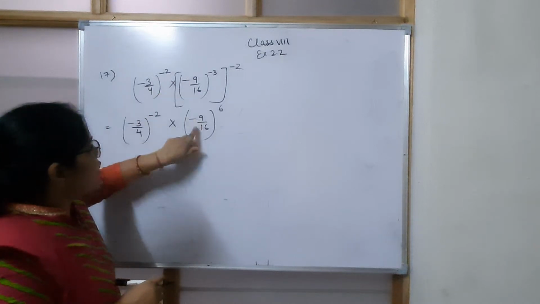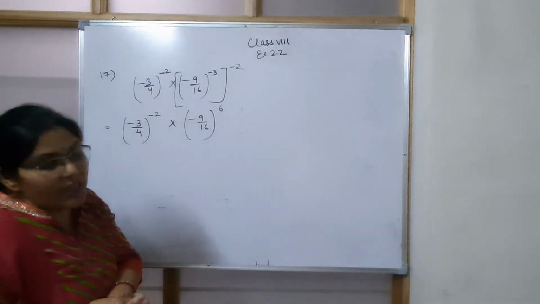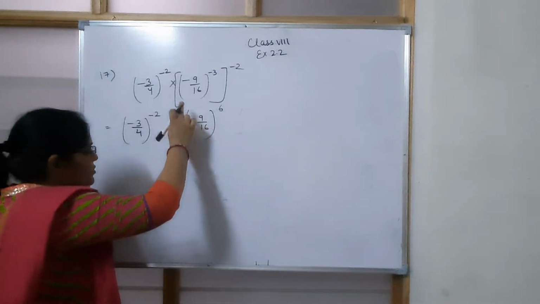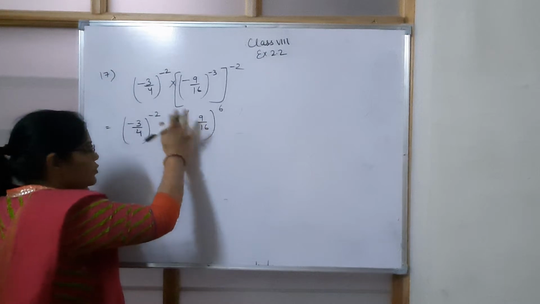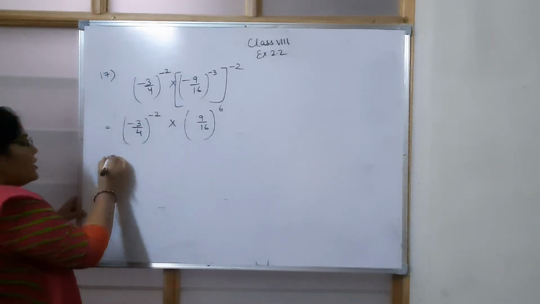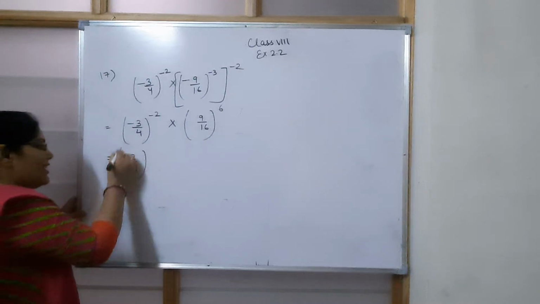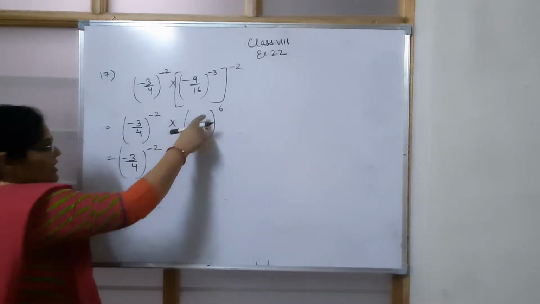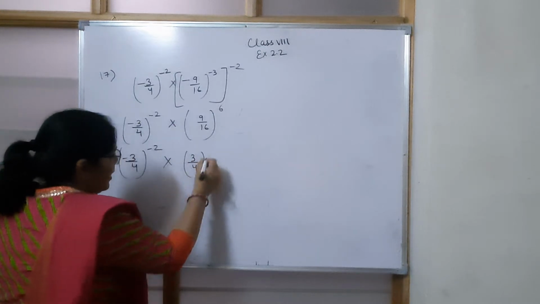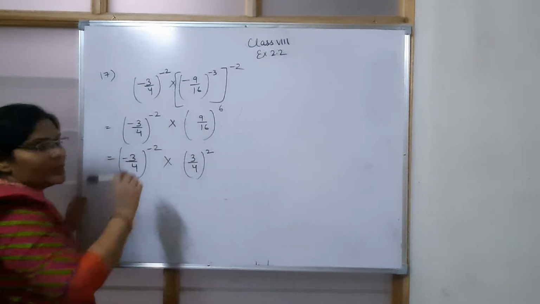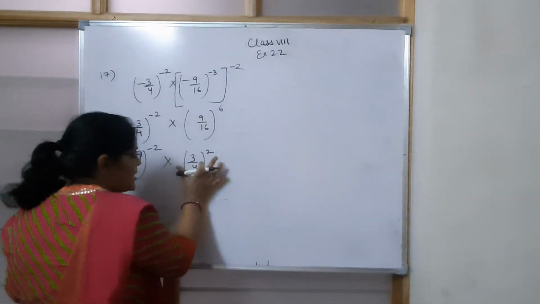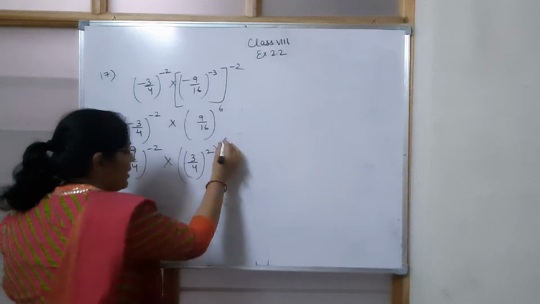Alright, minus 9 upon 16, minus 3 into minus 2 will become positive. This is an even power, so it means we will always get a positive number. Okay, we'll remove this later on. Fine. Alright, so 9 upon 16 can be written as 3 upon 4 raised to the power 2. 9 upon 16 is what? 3 upon 4 raised to the power 2, and we have the power 6.